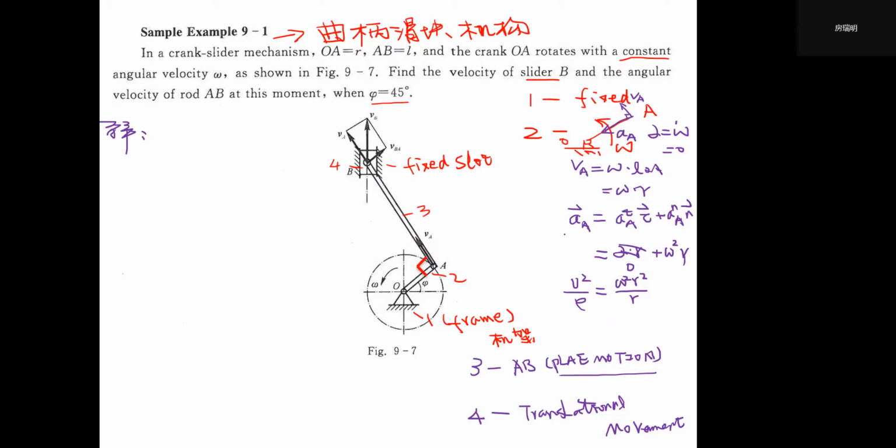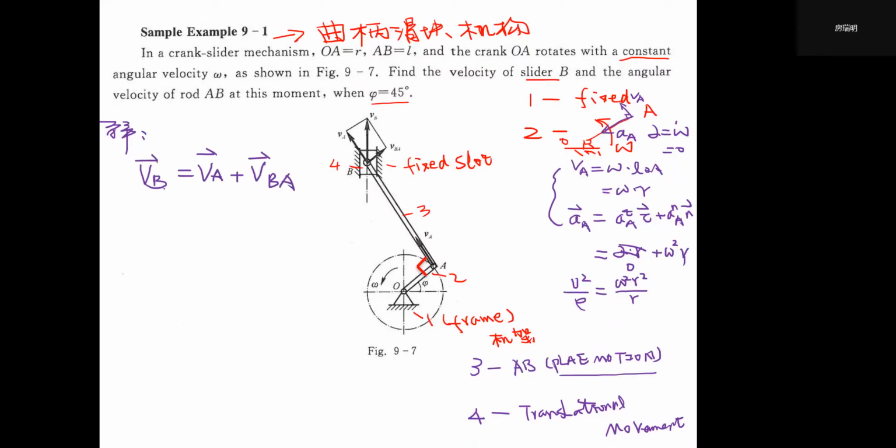So since we have VA and AA, we know VA's magnitude and direction, and AA's magnitude and direction. The better choice is to select point A as the pole on this AB. So if we try to find the absolute velocity of point B, we can write VB equals VA plus VBA, right?